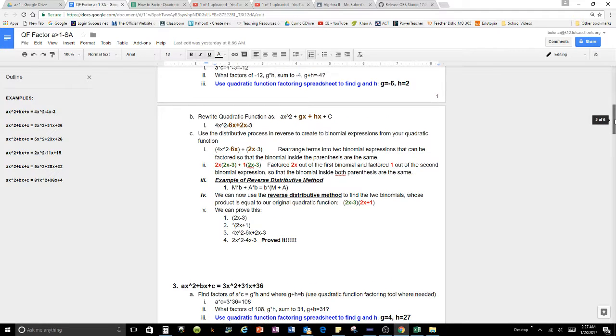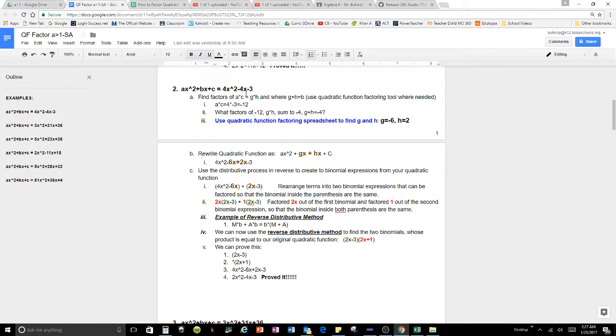And again, we can prove that these two expressions are equal to our original expression, 4x squared minus 4x minus 3, just by multiplying them together. So we get 2x minus 3 times 2x plus 1. We take the first term below it and go straight up. So 2x times 2x is 4x squared. Then we take again the first term and cross multiply.